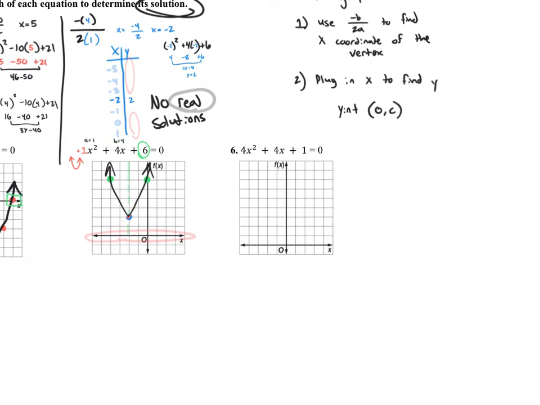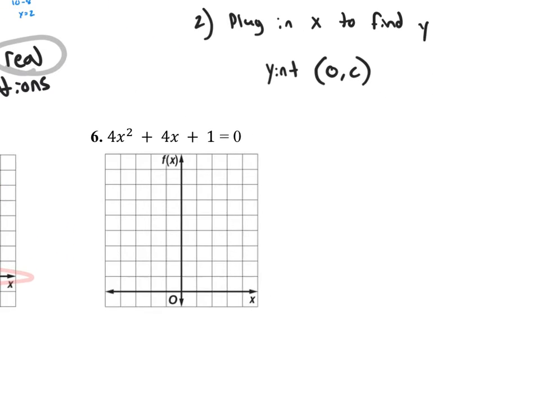Let's check out this one and see what it's up to. We'll start off with negative b over 2a. b is 4. a is 4.